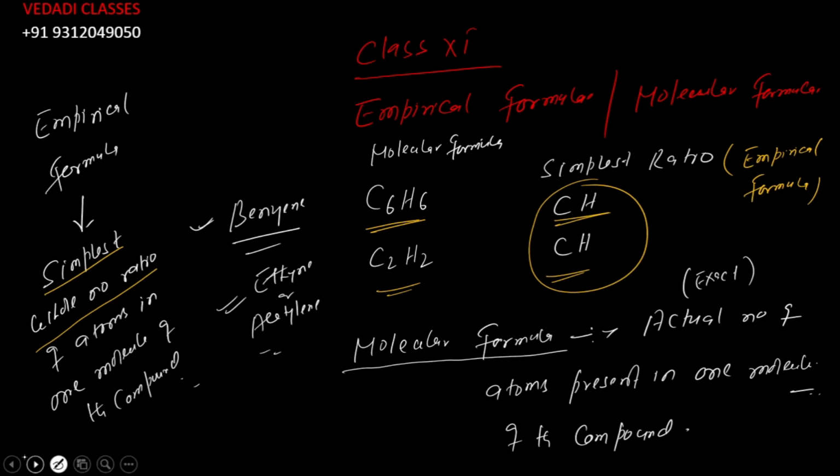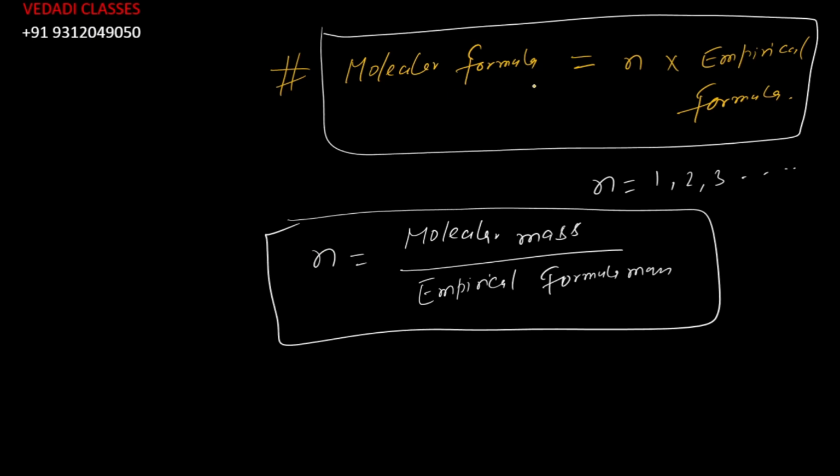This is the only concept we have: molecular formula is equal to n into empirical formula, and n is equal to molecular mass upon empirical formula mass. So if you want to find the molecular formula, first you have to find the empirical formula. Then you also have to find n.